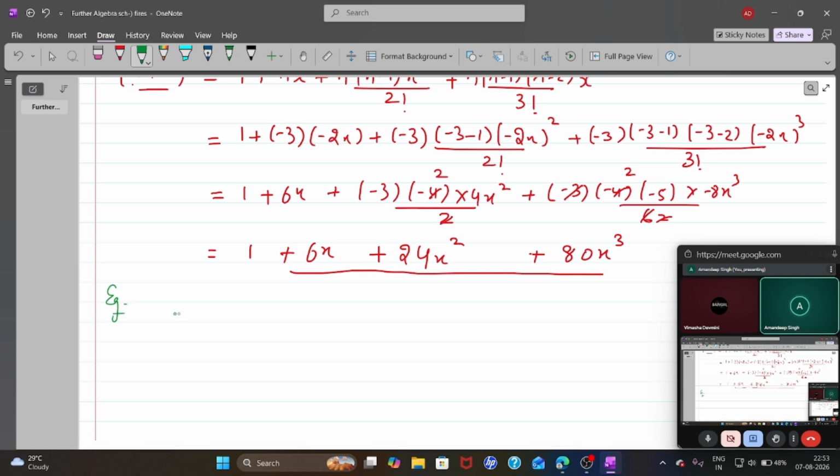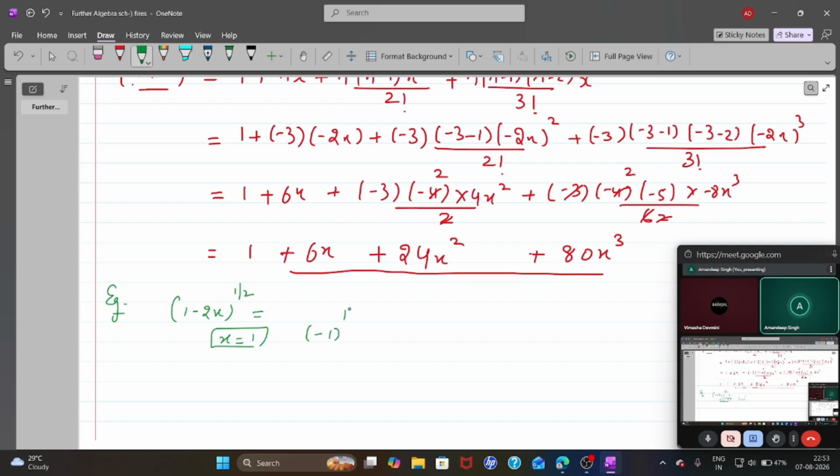Let us say we have 1 minus 2x to the power 1 by 2. If you ask me to expand it up to x cube, I will definitely use the same formula. But if I put x equal to 1 here, what will I get?